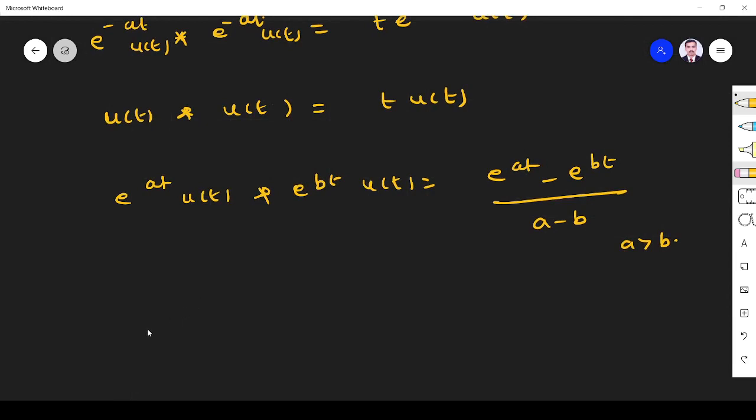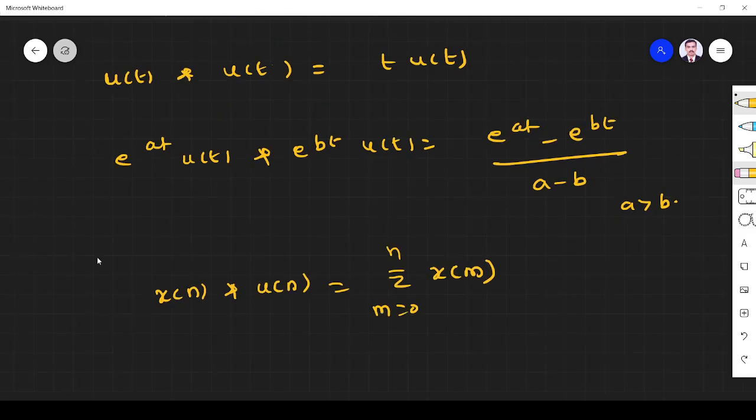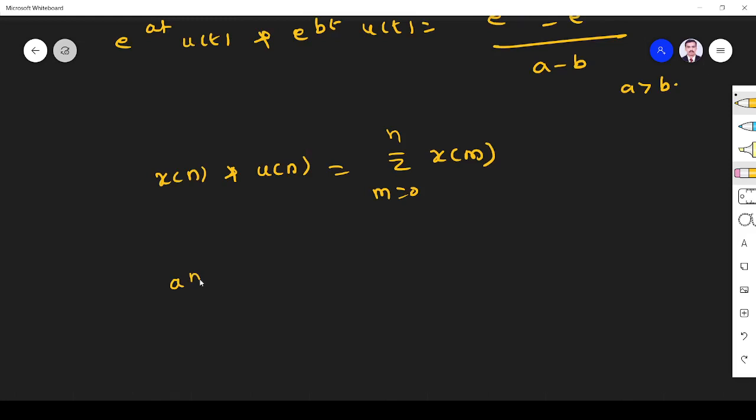So these are all the formulas. In discrete, we know x of n convolution with the unit impulse will give x of n, right? So similarly, a^n u[n] convolved with a^n u[n] will give (n plus 1) a^n, right?